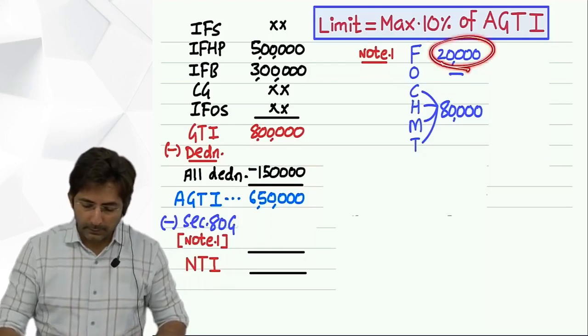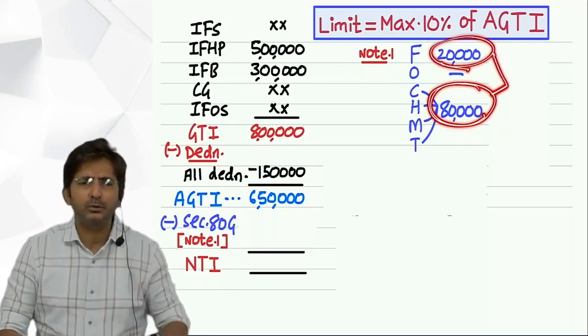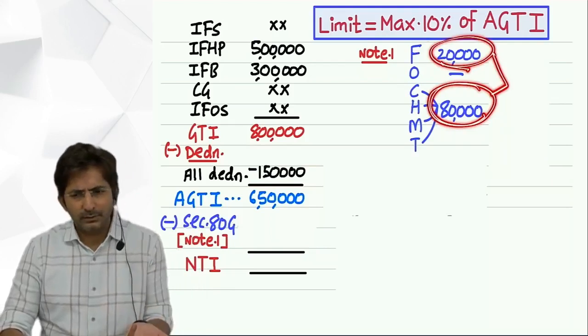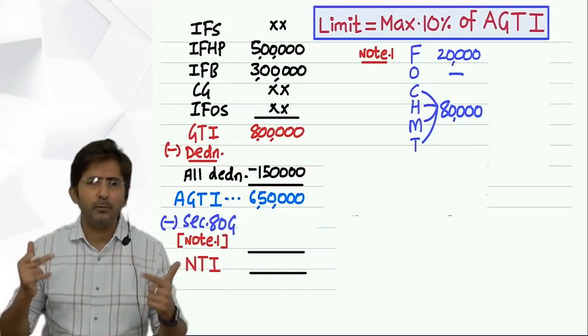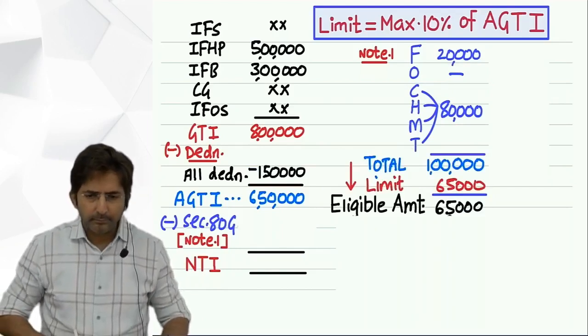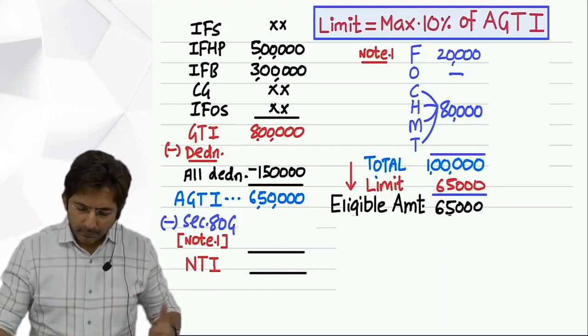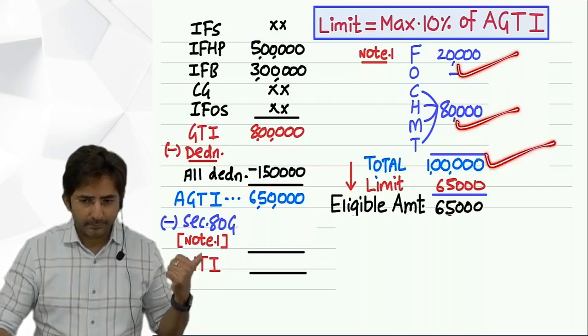But what if this total was only 10,000? In short, whichever is less. Whenever there is a limit, we can make a formula: whichever is less. So see what I have done here. Total of this is how much? 1 lakh.